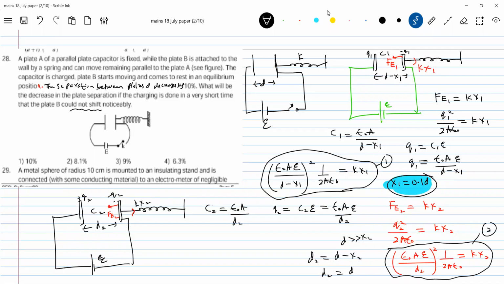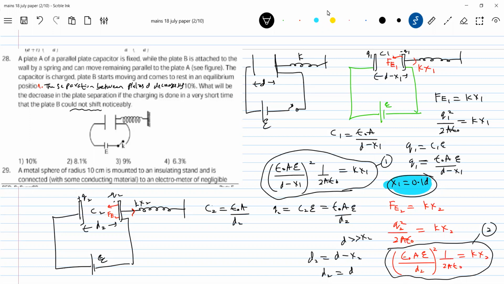Actually, after the RC circuit, what happened? You could have asked it here because it depends upon the resistance of the circuit. RC circuits, we don't have an idea whether it will charge quickly or gradually. Based on that, this condition is there. You have to solve for x2 here. So we know x1.